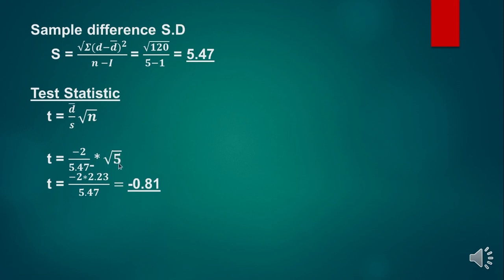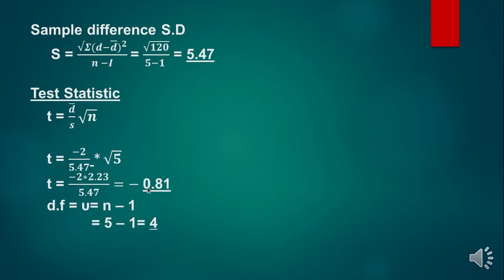N is the number of candidates, n is 5. So t is equal to minus 2 into root 5, which is 2.23, divided by 5.47. It becomes minus 0.81. The answer is minus 0.81.